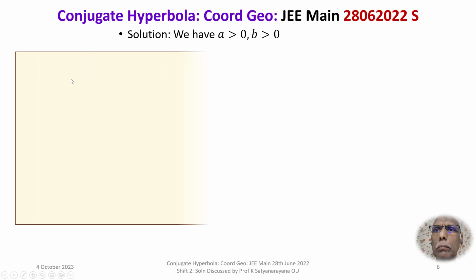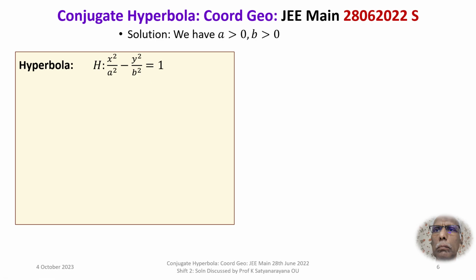First we consider the given hyperbola H, x square by a square minus y square by b square is equal to 1. E is the eccentricity of this hyperbola, and L is the length of latus rectum of this hyperbola.